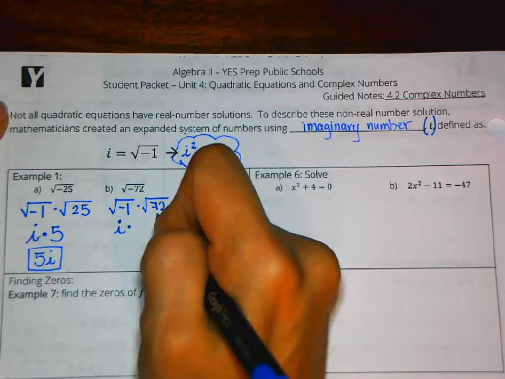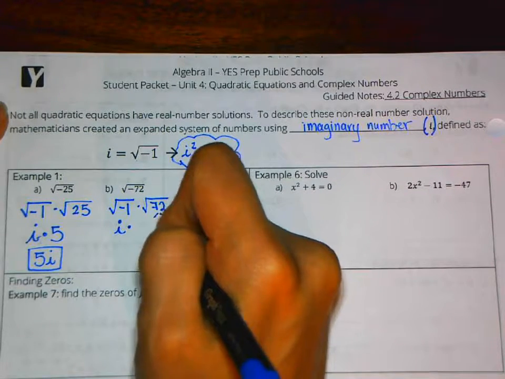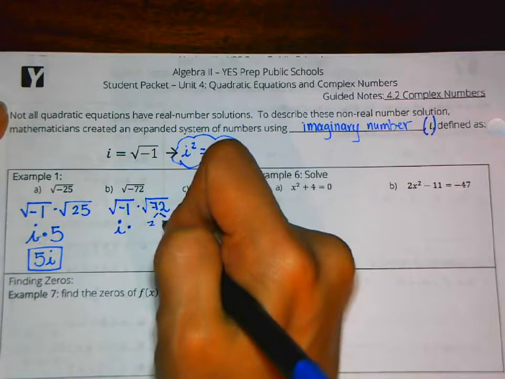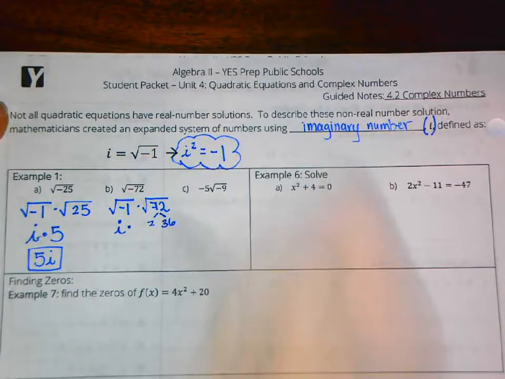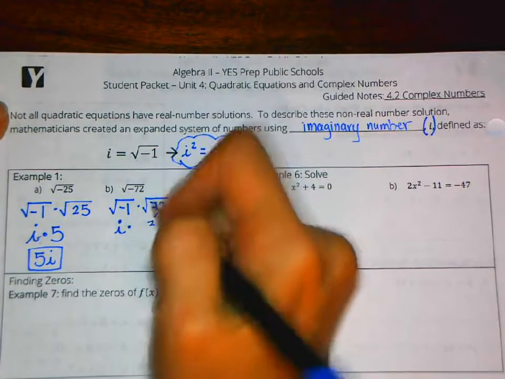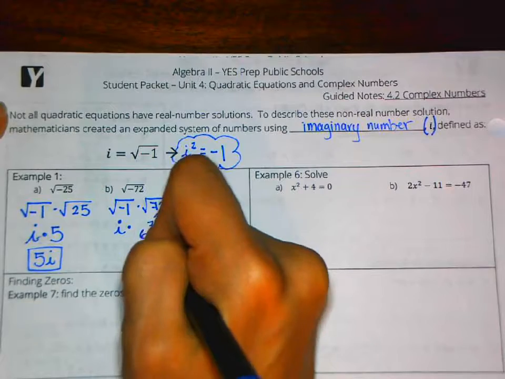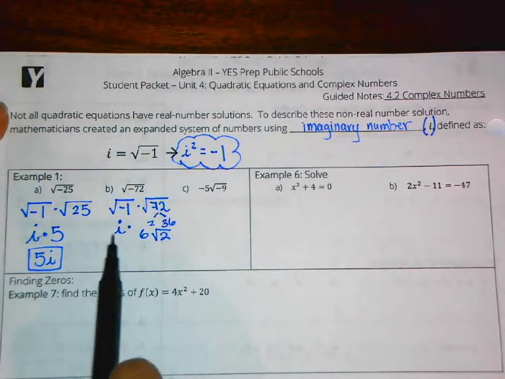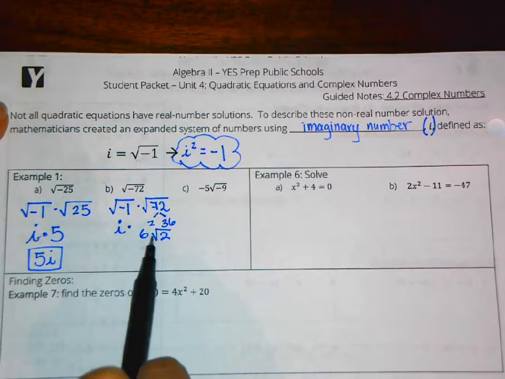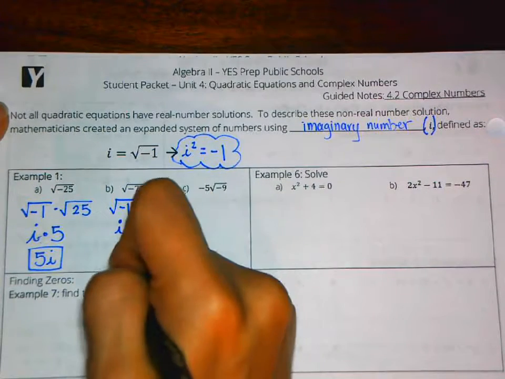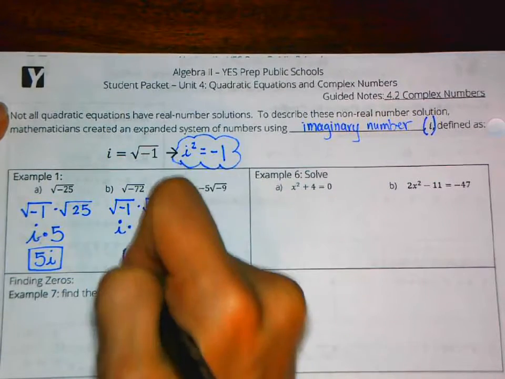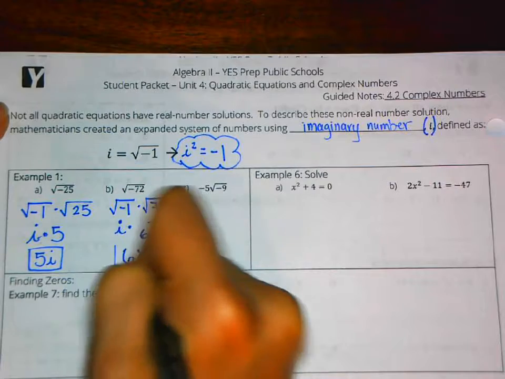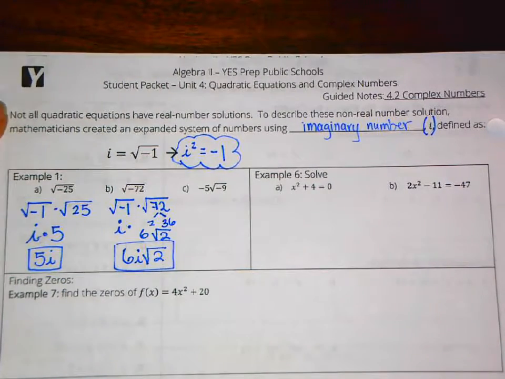Simplify square root of 72 to 36 times 2. So that's going to give me 6 square root of 2. Remember what I said? i follows a whole number and goes in front of a square root. So final answer, 6 times i times square root of 2. Final answer.